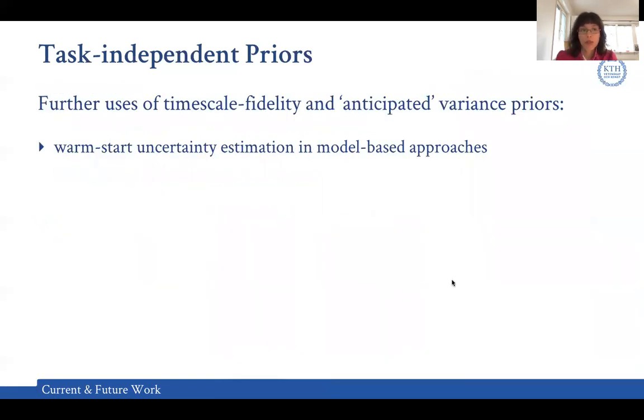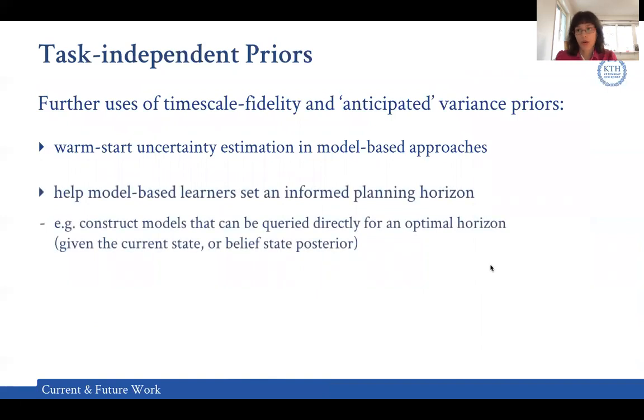Another thing that we can do is warm start uncertainty estimation in model-based approaches, because we would be acting based on the general topological features that are independent of the specifics of the objects, but that are dependent maybe on the relationship between parts of objects that are somehow salient because of their topology. And this could also ultimately, in the long run, help model-based learners to set, let's say, an informed planning horizon.